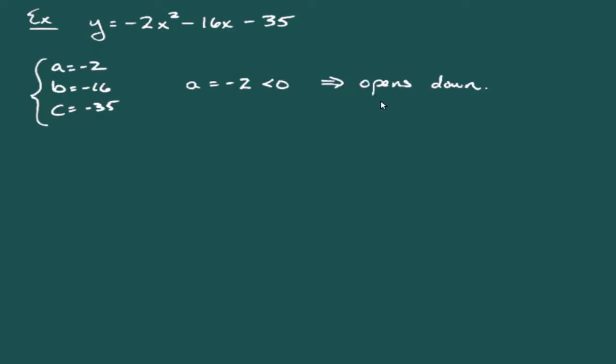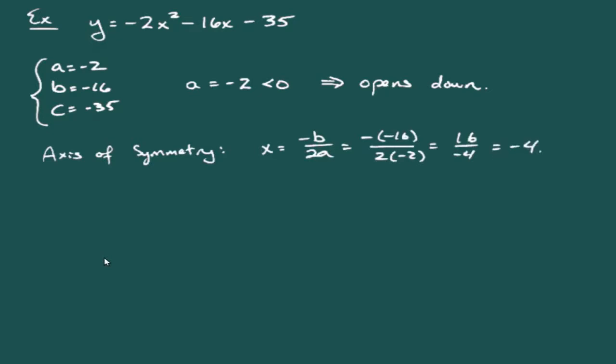Our axis of symmetry then is going to be x equal to negative b over 2a. That's going to be the negative of negative 16 divided by 2 times negative 2. That's going to give us 16 over negative 4, or a value of negative 4. So our axis of symmetry is x equal to negative 4. That's also the x value for the vertex.